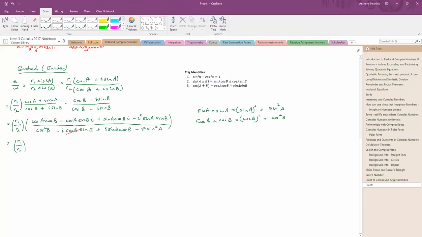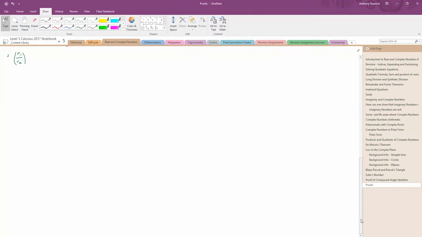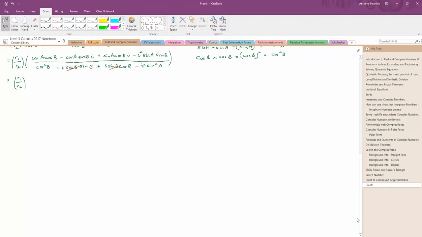Well, you might notice that those two cancel, and let's take that top line and once again let's group together the real parts and imaginary parts separately. Just move that up a bit, slightly more if I can. No, not that far. There we go, that'll do.